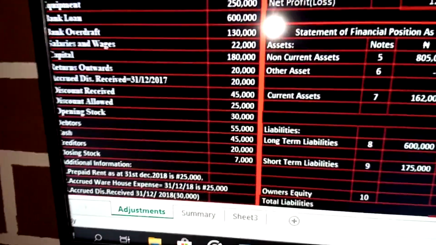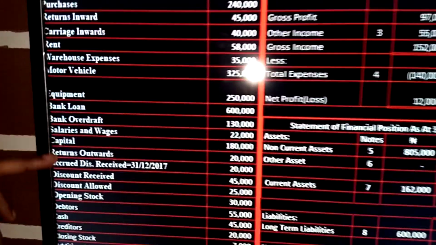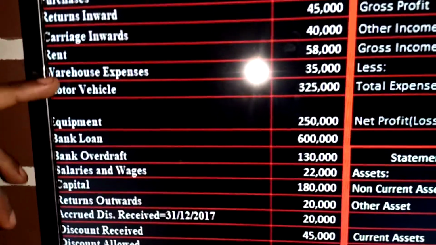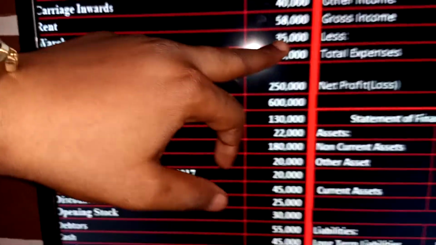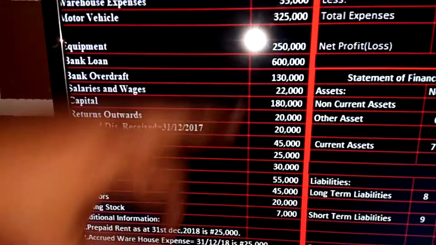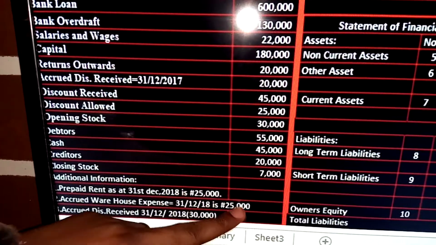We'll get there. So the next one is warehouse expense. Where's warehouse expense here? So we look for warehouse expense. Here we have warehouse expense 35,000. Is there an additional information? Yes. Accrued warehouse expense 31st 2018 25,000.